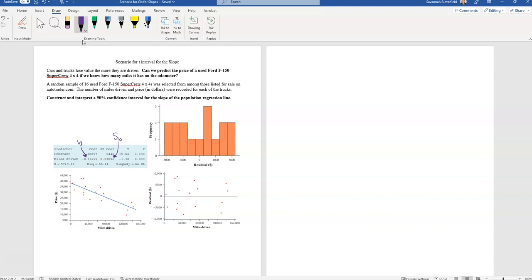The other values we might use at different times, but for a confidence interval specifically, we don't need that today, okay?